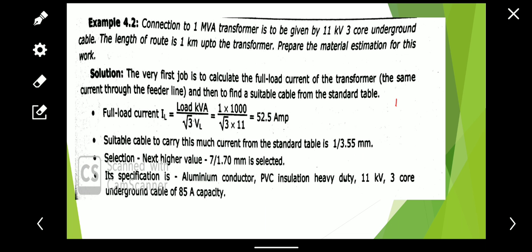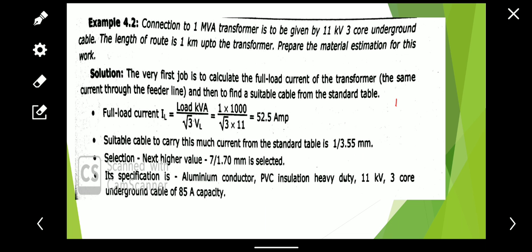Solution: a very first job is to calculate the full load current of the transformer, the same current through the feeder line, and then finding the suitable cable from the stranded cable table. So full load current IL is equal to load in kVA divided by root 3 into VL.